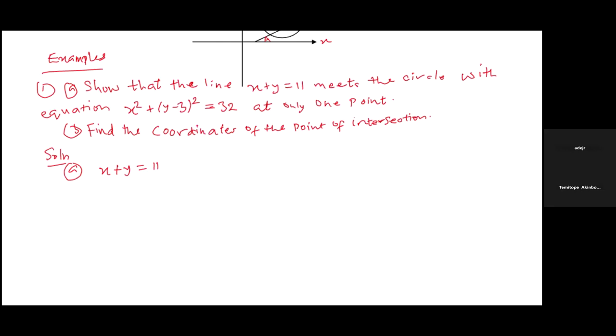Just as I've said in my preamble, you are going to solve the two equations simultaneously. So let's call this equation 1. Then the equation of the circle, x squared plus (y minus 3) squared equals 32, as equation 2.